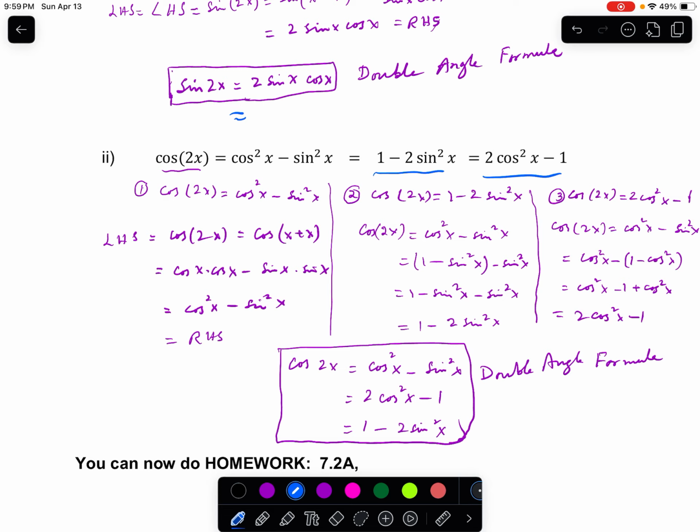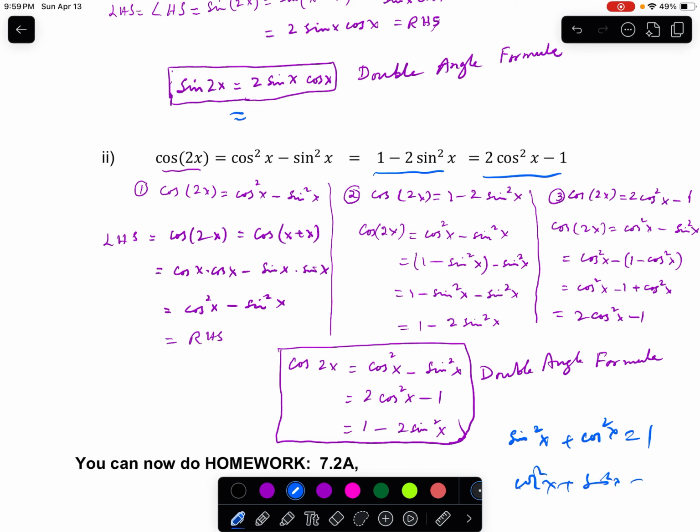Now you have to be careful about it. You cannot change them. Note that the Pythagorean identity, sine square x plus cosine square x equals 1, we can write as cosine square x plus sine square x equals 1.